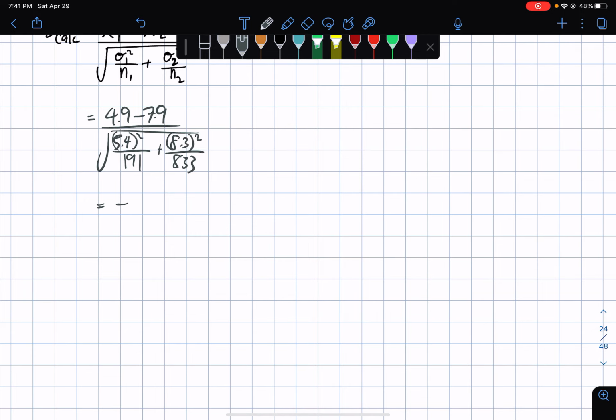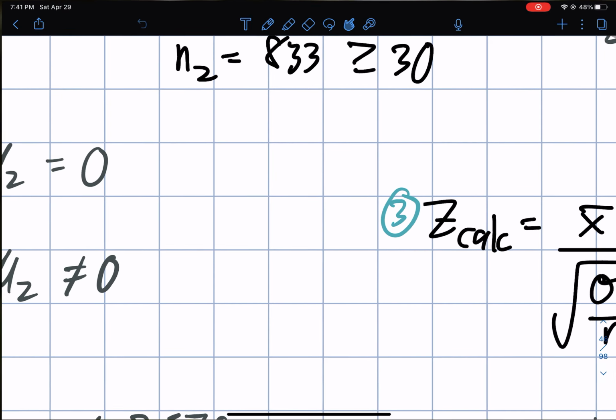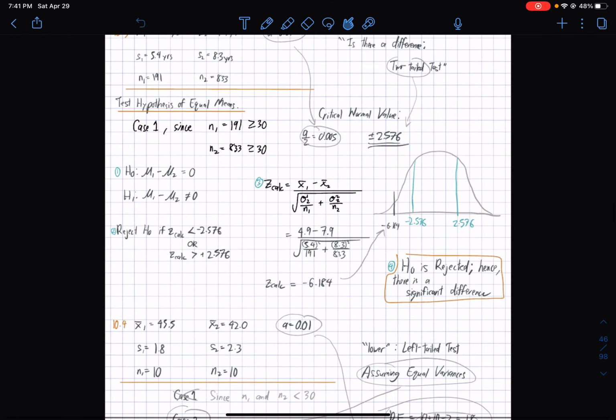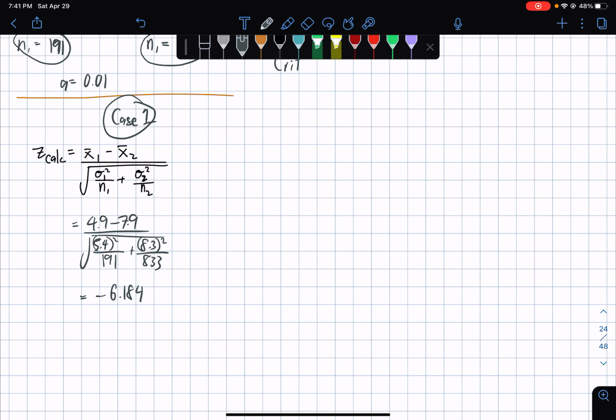We get negative 6.184, I think. Is it right so far? Yeah, we're on the right track. Zcalc is equal to negative 6.184.